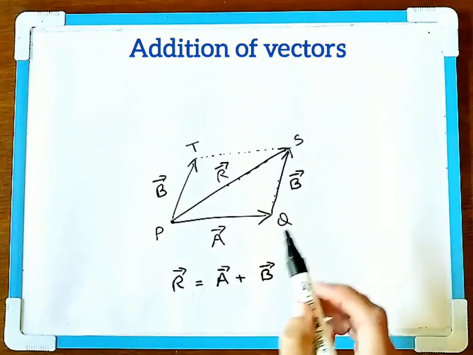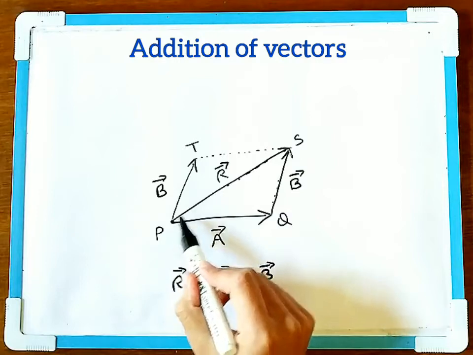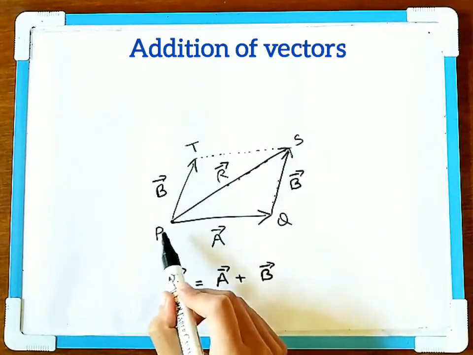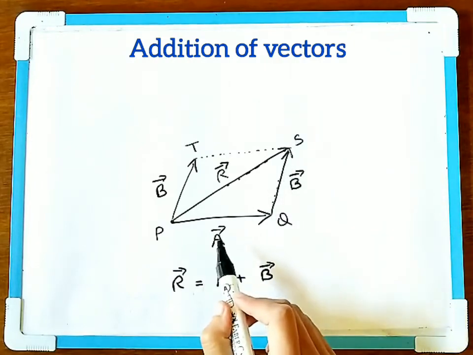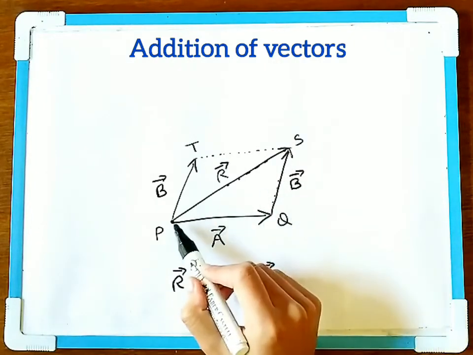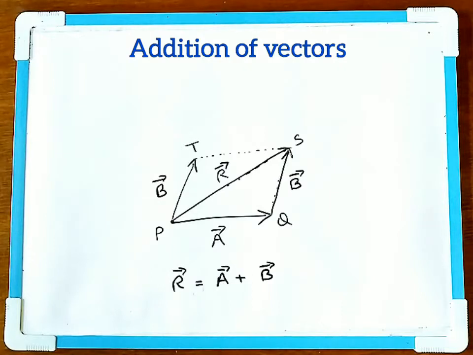So here again we have come to a triangle law of vector addition. So PQS, the triangle PQS. So we have two vectors again, A and B, and the resultant given by the third side of the triangle. So this parallelogram law is equivalent to triangle law of vector addition.